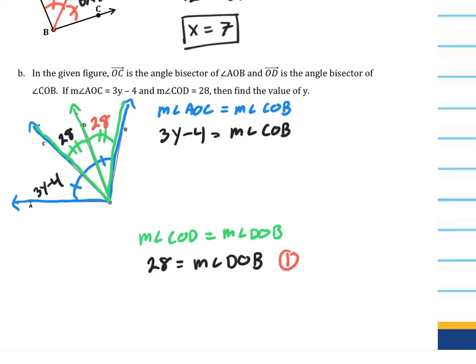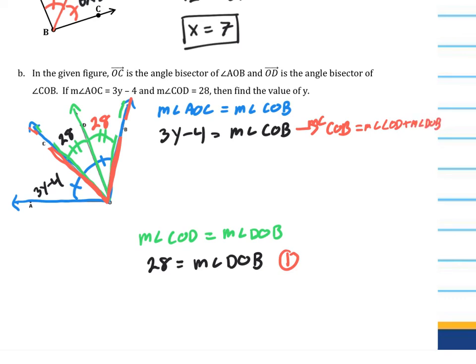Okay, what do we know about angle COB? That's this big angle right here. That is the two 28 angles put together. So the measurement of angle COB is really equal to the measurement of angle COD plus the measurement of angle DOB.